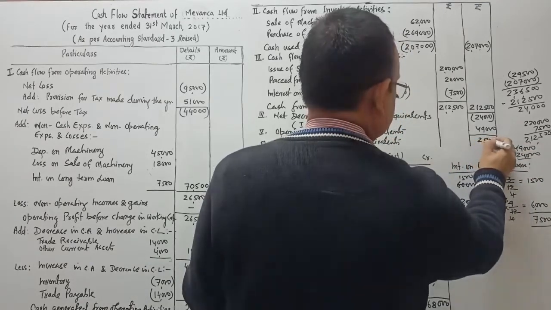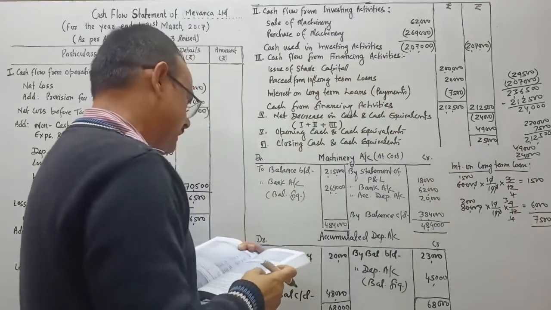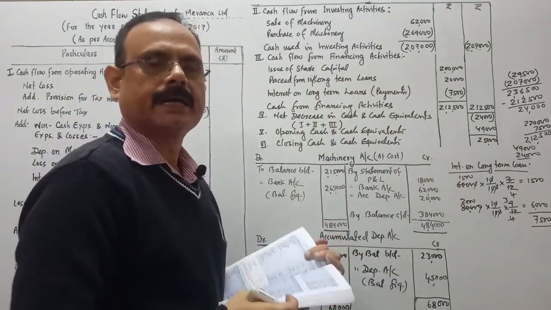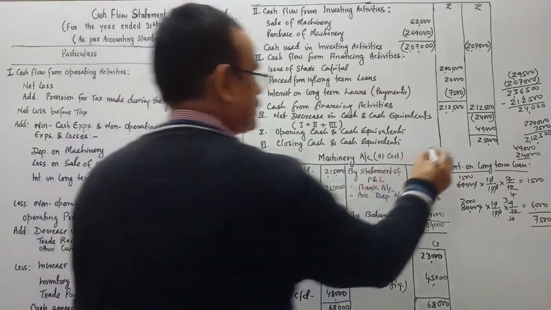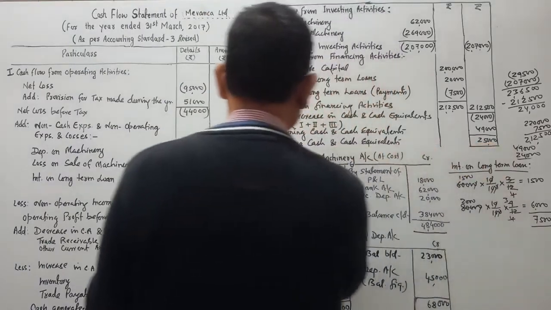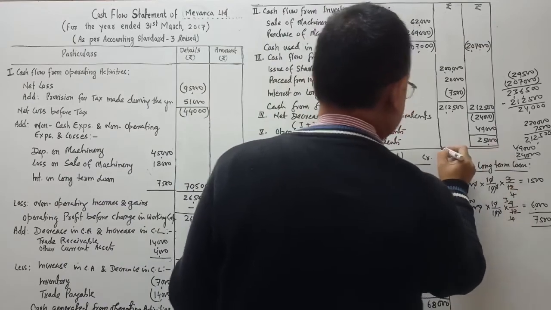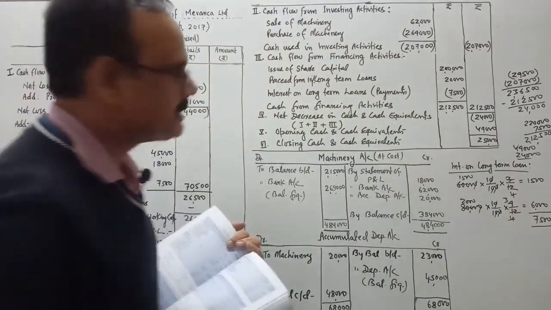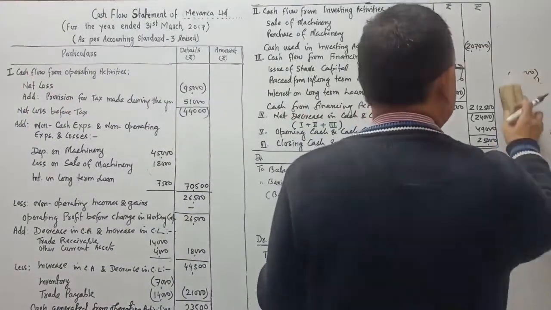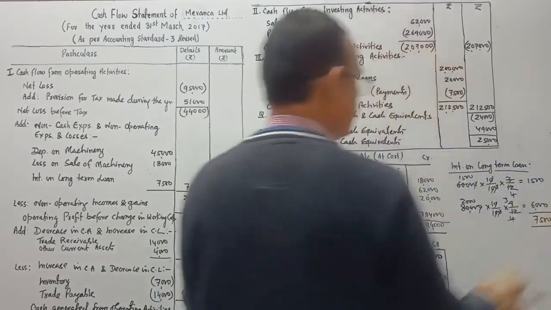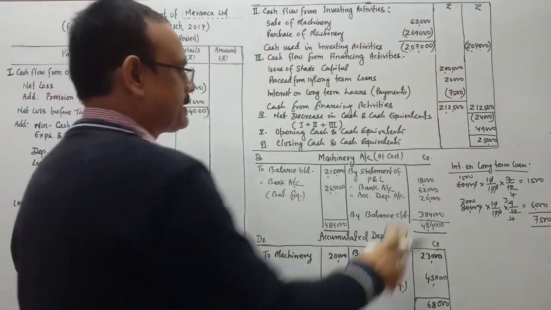So you see in the balance sheet, cash and cash equivalent in the current year is 25,000. It is correct. So cash flow statement is completed by us. Is it clear? Any doubt?